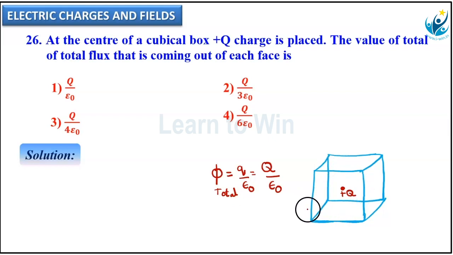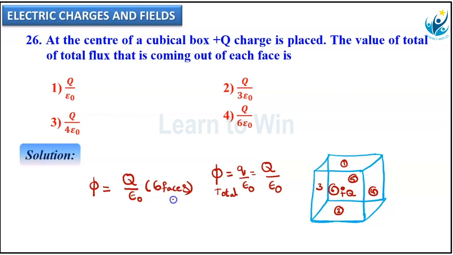This cube contains a total of how many faces? 1, 2, 3, 4, 5, and the front face, 6. That means this total flux Q by epsilon naught is linked with 6 faces.